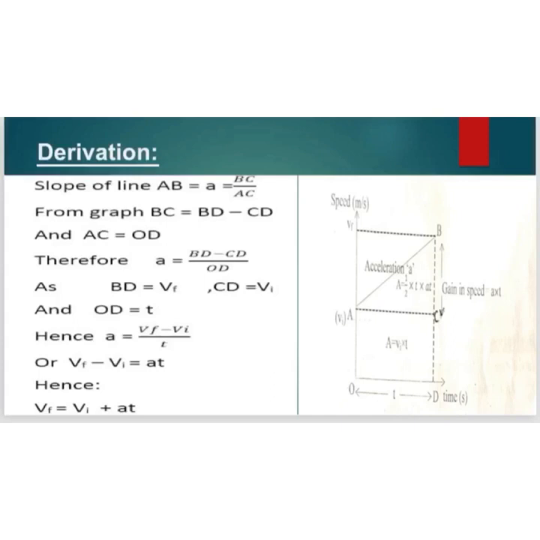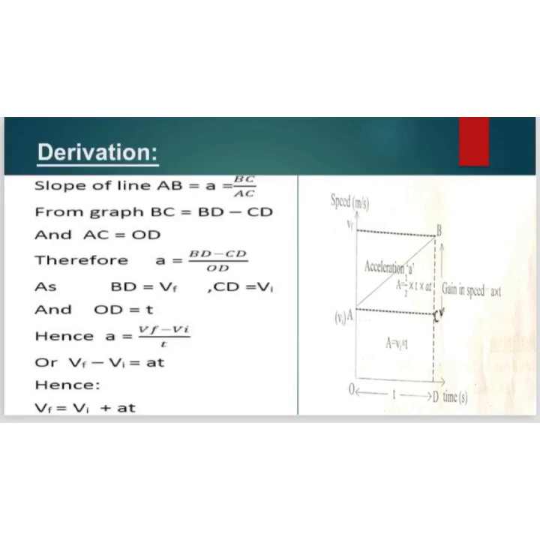Hopefully you well understood that instead of BC we are writing BD minus CD, and instead of AC we are writing OD. Here students, in the start I told you that BD is equal to Vf. You can see on the left side of the graph that BD is equal to Vf. If you take the total length of BD, it is equal to Vf.